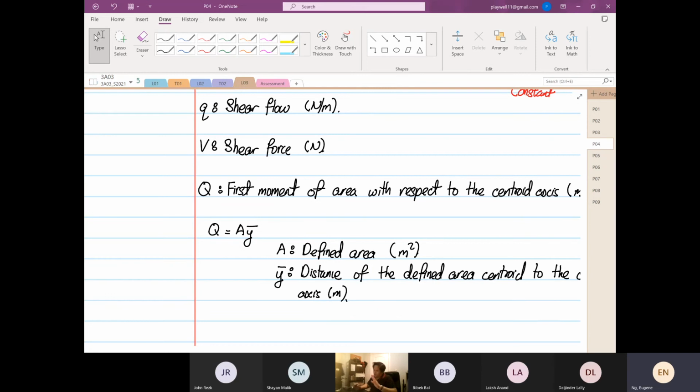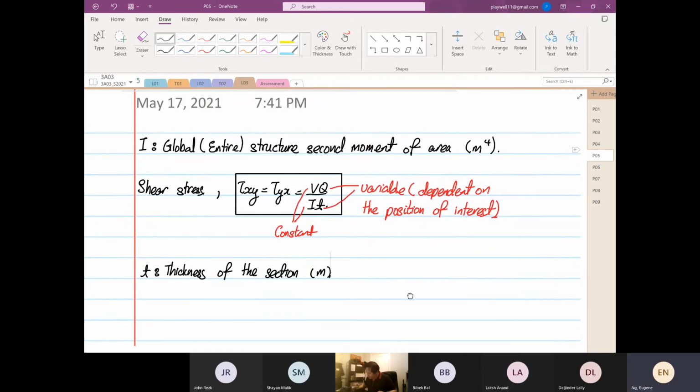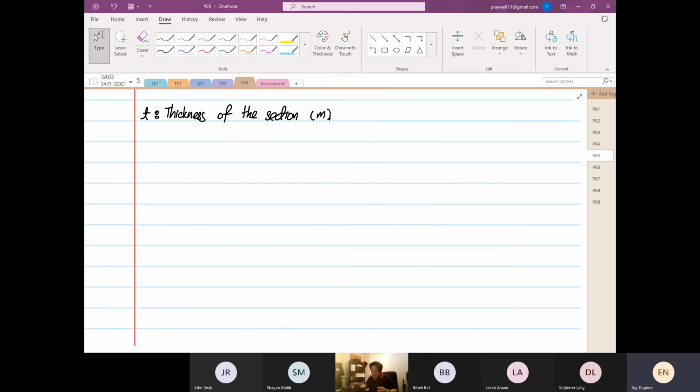A piece of warning: this is the one that is going to be difficult, but I'm going to teach you rules that you have to apply.